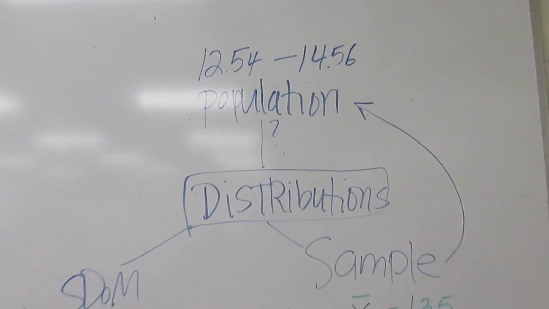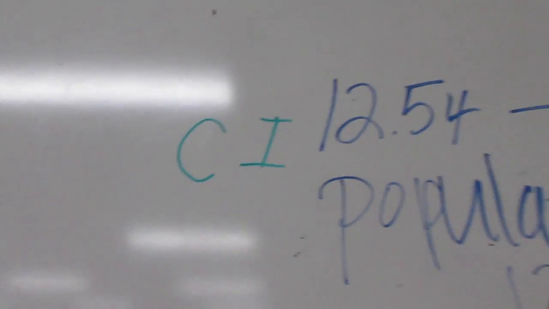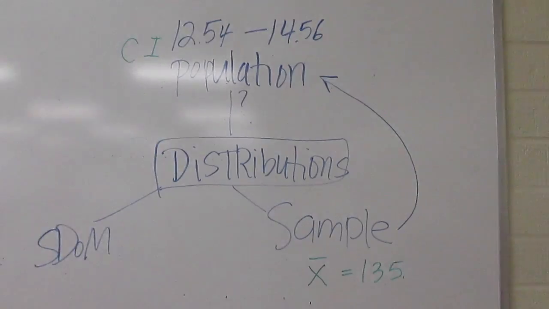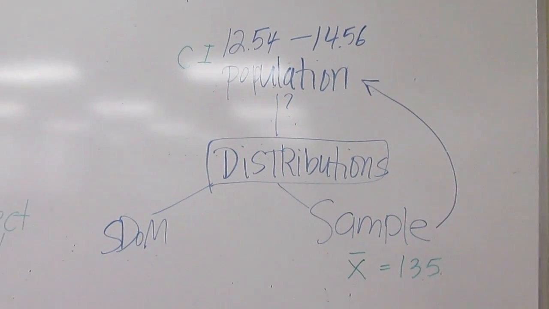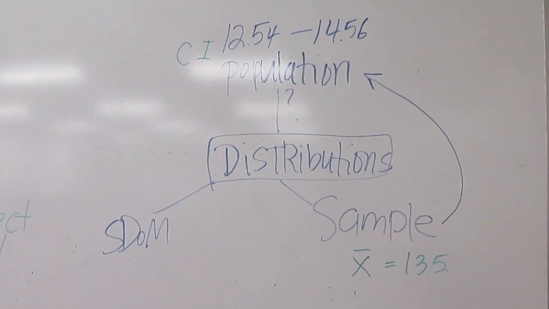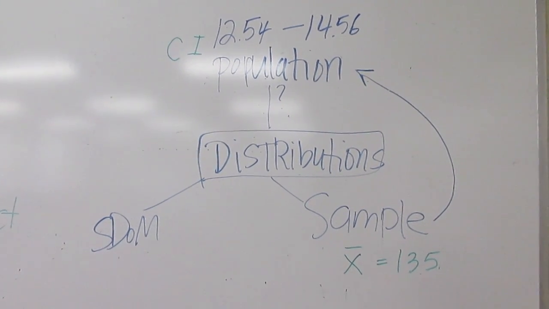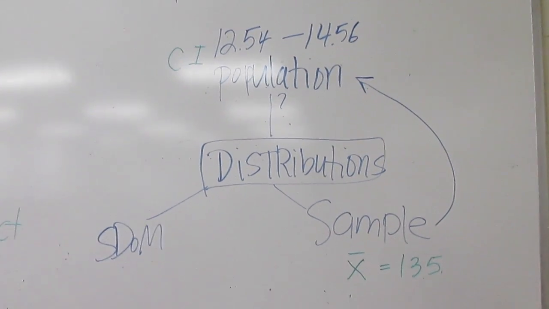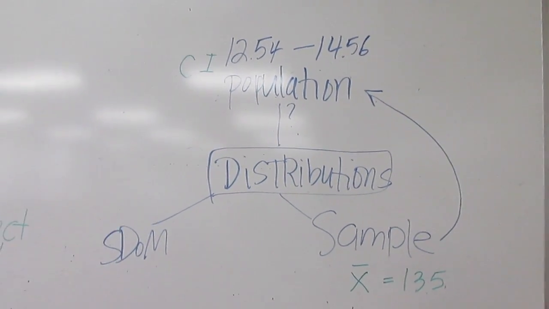So here's this confidence interval. It says that the mu of the population, based on this sample, we're 95% confident that it's between 12.54 and 14.56. We're not 100% confident, but based on this sample, we're pretty confident in saying this is probably where our population mean actually lies.